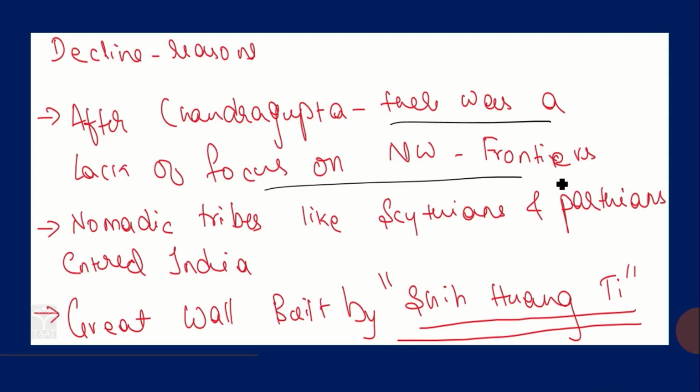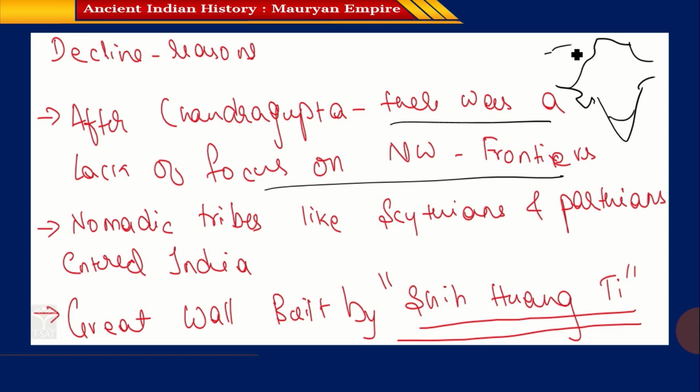So finally, the decline reasons of Mauryas: after Chandragupta, there was a lack of focus on the northwest frontiers. Basically, one biggest trigger other than the Brahmanical reactions is that the Mauryan kingdom looked like this. This area was never emphasized.